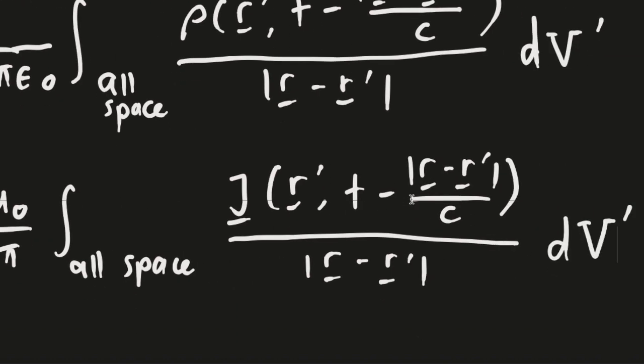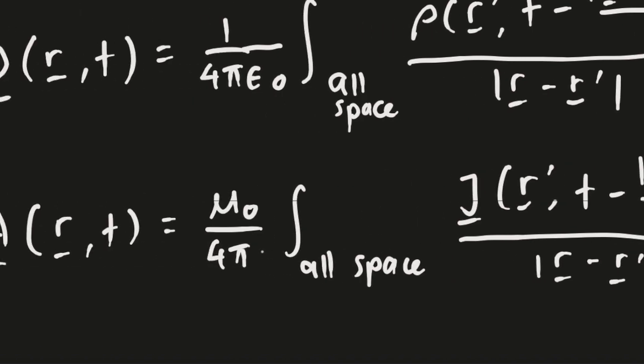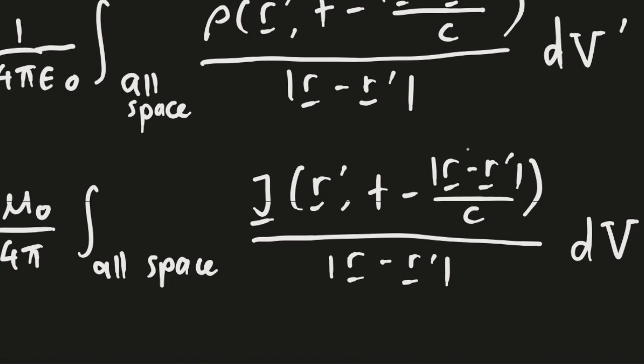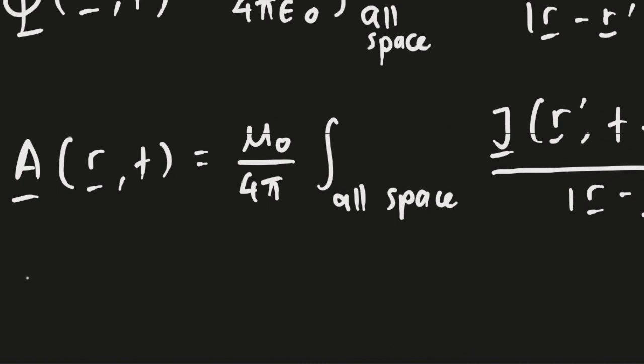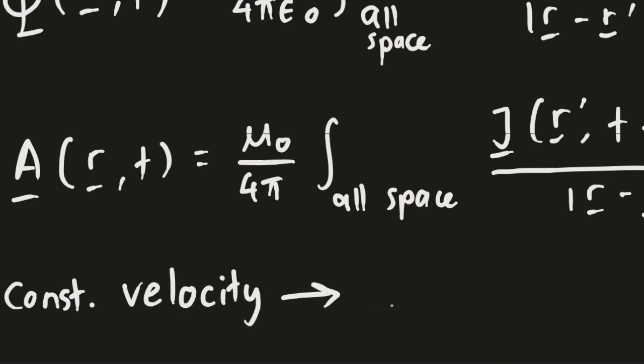What we're saying is we evaluate each contribution of the source terms and we take into account the sort of phase change they would have because of their retarded time. Now, if we have a charge moving at constant velocity, then in the rest frame of the charge, you can't have radiation.